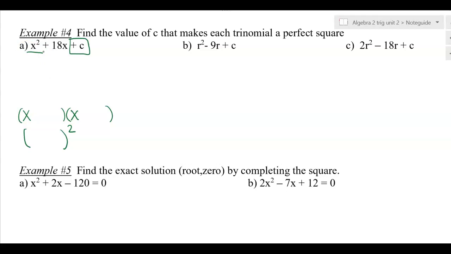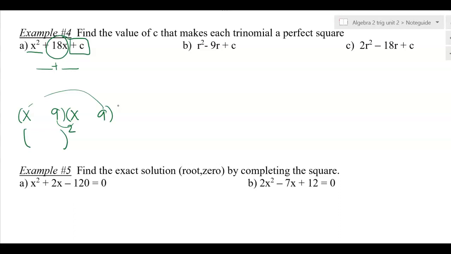And how would we make 18x in the middle if we want our two factors to be exactly the same thing? So that 18x in the middle is made up of two things added together, right? When you FOIL, 9. So we would want a 9 and a 9 so that we'd make a 9x and another 9x, and they would add up to 18x. Is that okay with everybody?